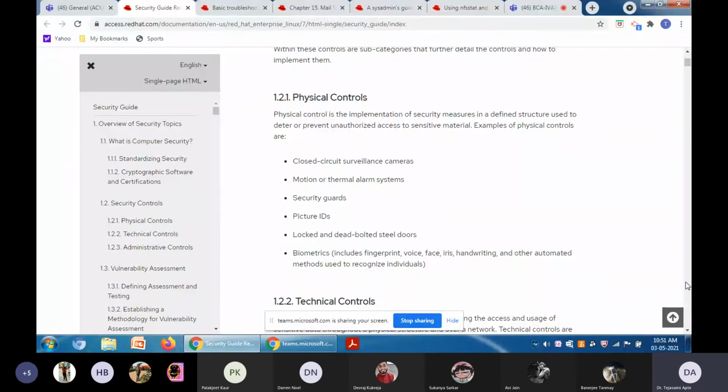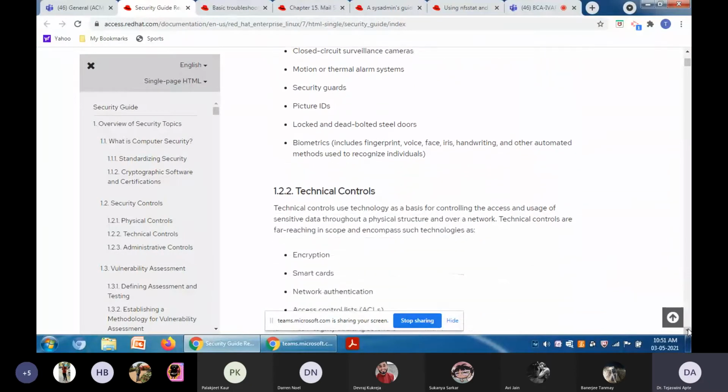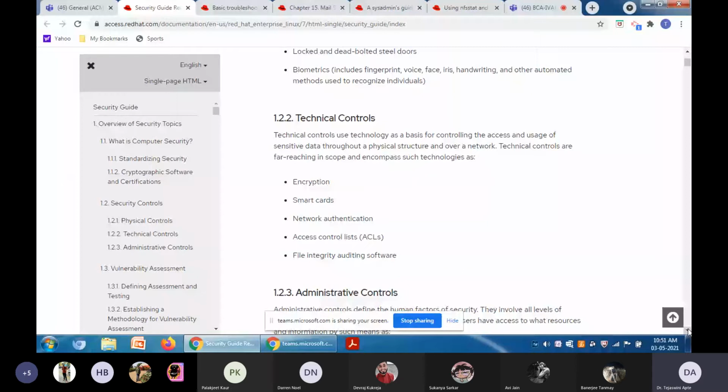So I need to have the technical control. Technical controls could be encryption, smart cards, network authentication, the way you are trying to access the network, the access control list, which is going to define your authentication as well as the way you access it, the ACLs, and file integrity auditing software.